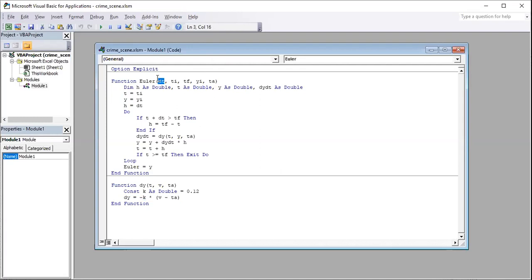The first parameter is the change in time. The second is the initial time, the final time. We had the same in the previous model. Then this is the temperature, represented by YI. YTA is the ambient temperature, the temperature of the room. In the previous one we had lots of parameters. We had M, which is the mass, CD, which is the coefficient, and all of those. So that is the reason why we are not using 6 parameters, unlike the previous case.